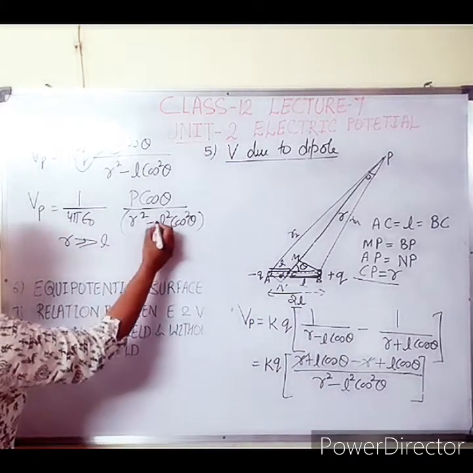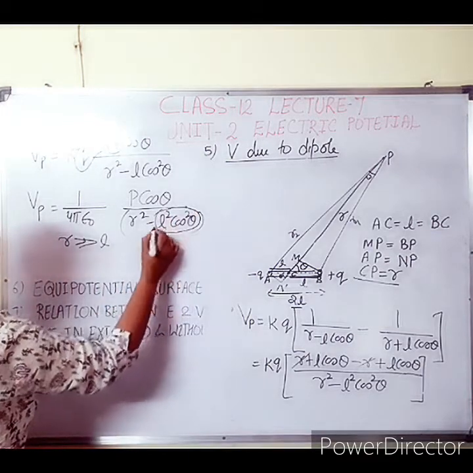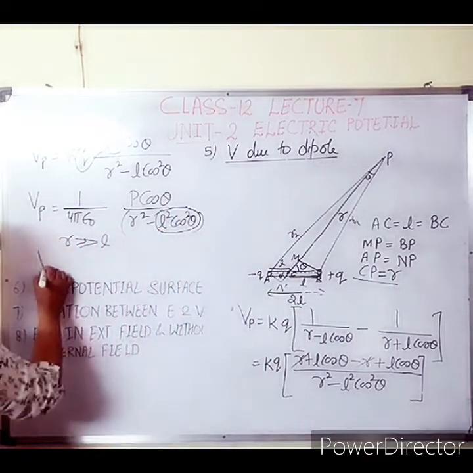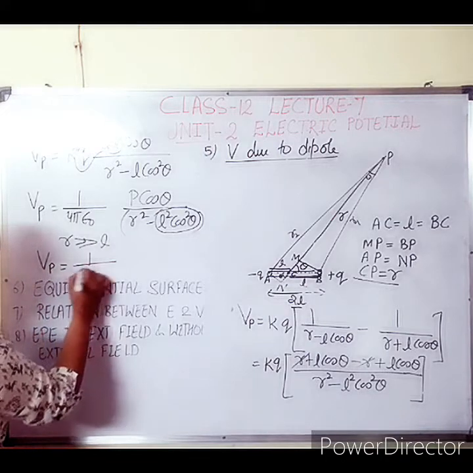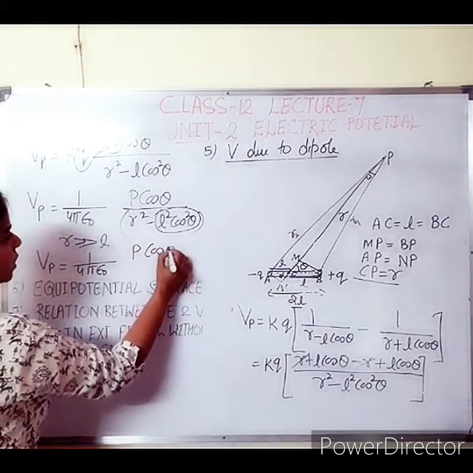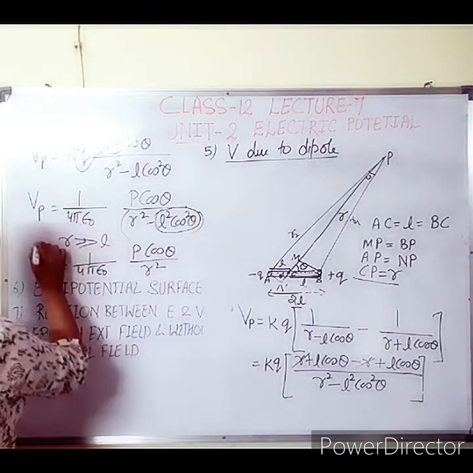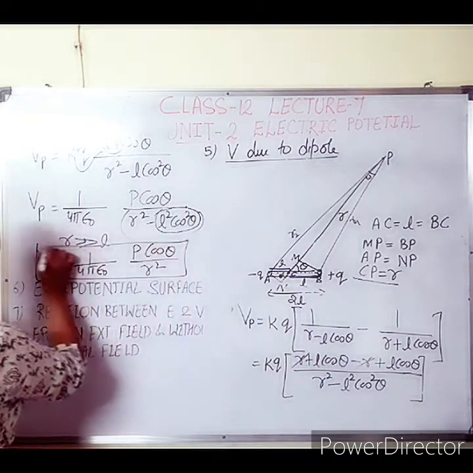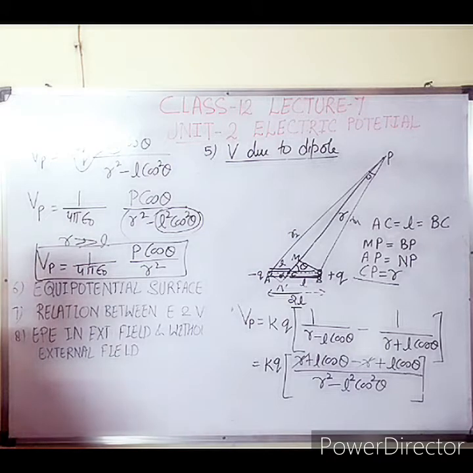So we can nullify, we can neglect this term as compared to r. Then we will write here 1 over 4 pi epsilon naught P cos theta divided by r square. So that is the formula for electrostatic potential at point P due to electric dipole.